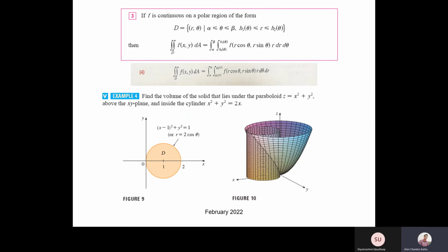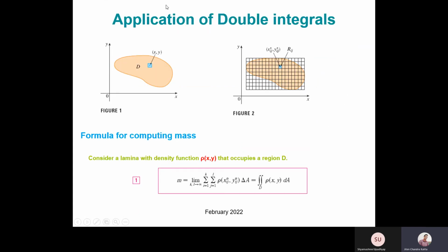And after that, I'm going to tell you about the application of this double integral. All those applications, you have already studied in your intermediate physics or probably in mathematics. But definitely in physics you have already studied. So I'm just going to quickly gloss through it, and you can study that on your own. So this is going to be about application of double integrals.